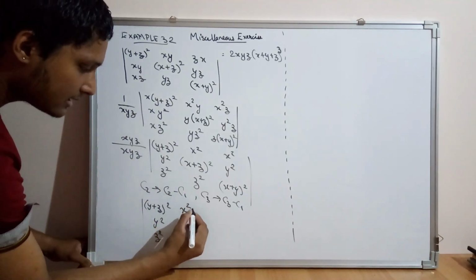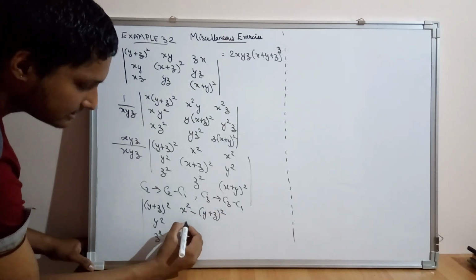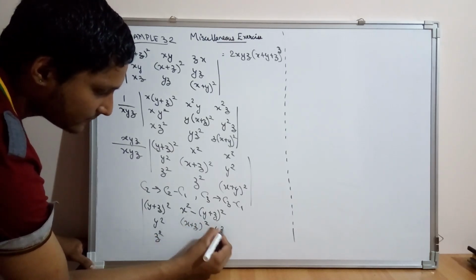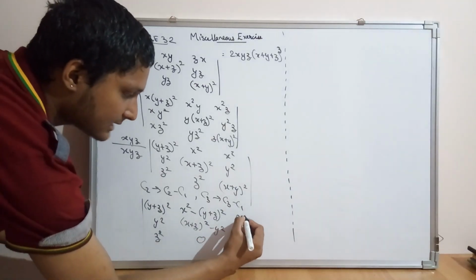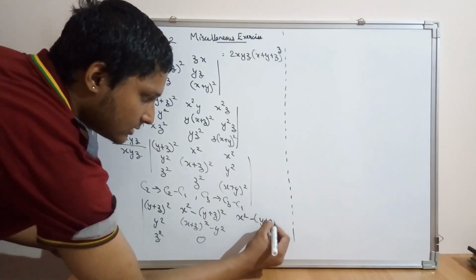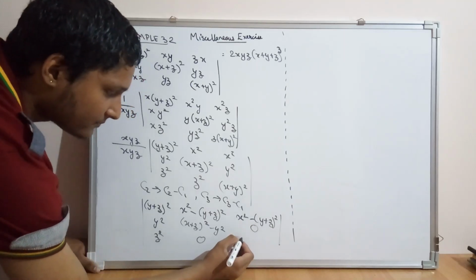That is x square minus (y plus z) whole square. Then (x plus z) whole square minus y square. This is 0. Then again we have x square minus (y plus z) whole square. Then here you have 0.